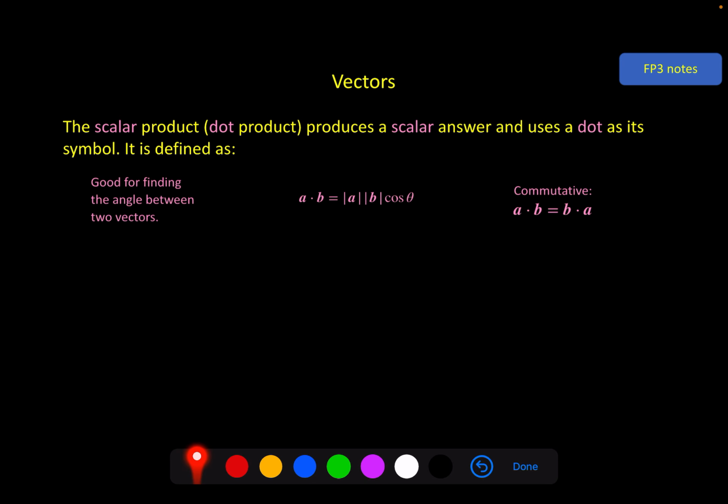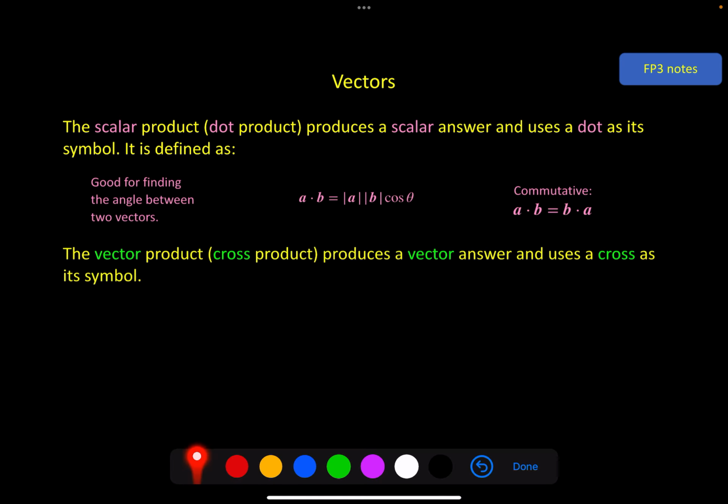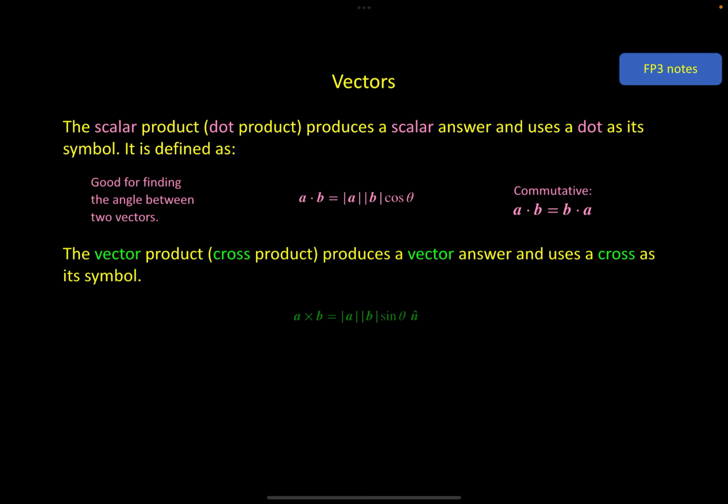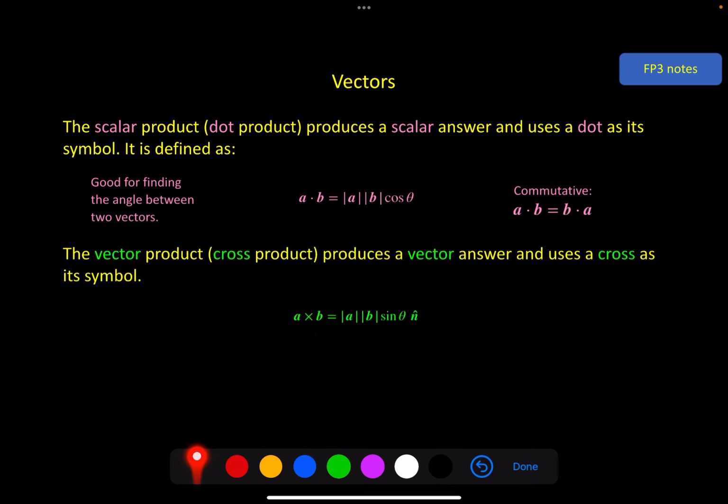Okay, in contrast to this, the vector product produces a vector answer. It's also known as the cross product because it uses a cross as its symbol. So both of these are similar to the idea of multiplying. So we use the dot symbol here and the cross symbol here. So A cross B is defined as the magnitude of A times the magnitude of B times the sine of the angle between them.